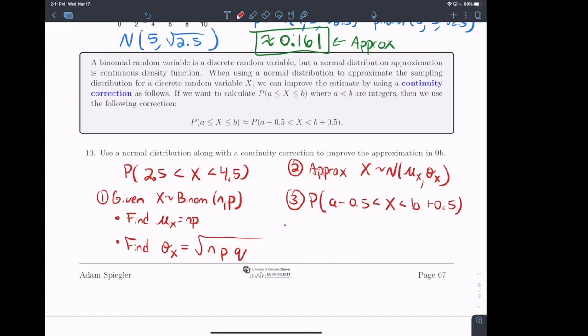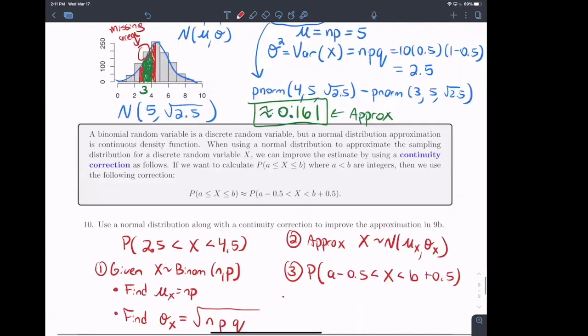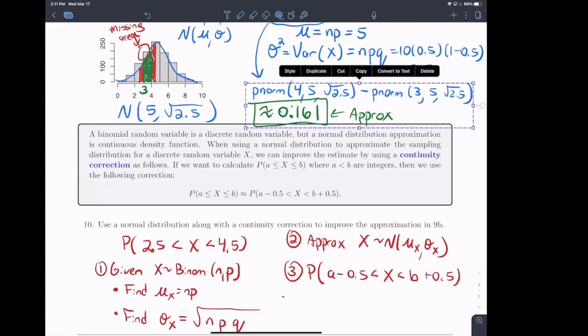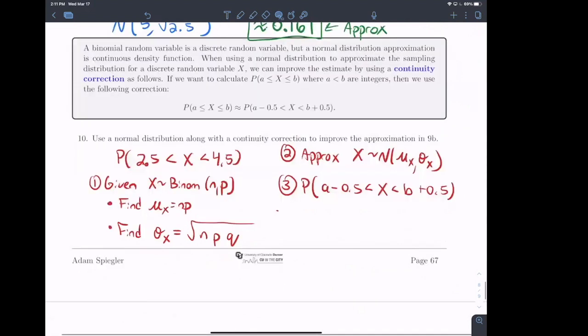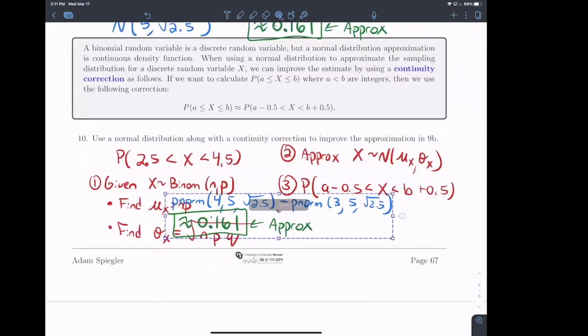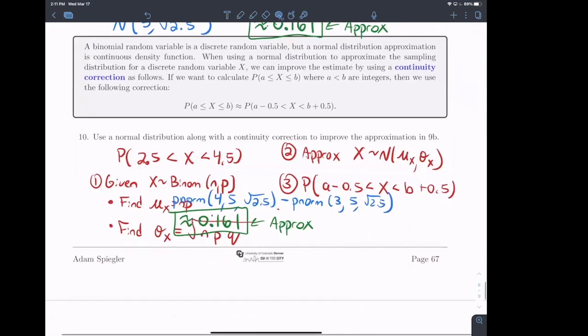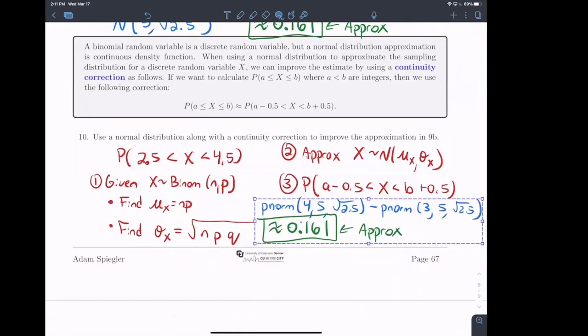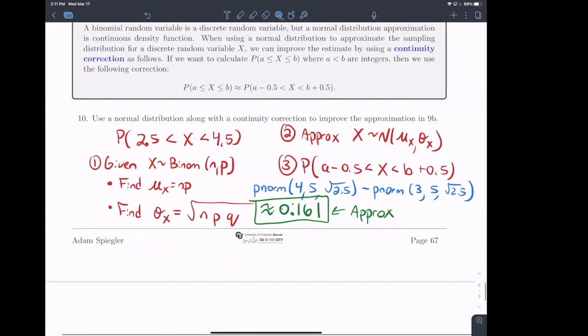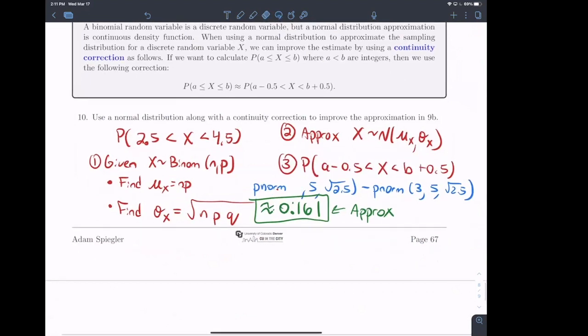So a better approximation would have been to take this original formula that we had and change those values to 4.5 and 3.5.